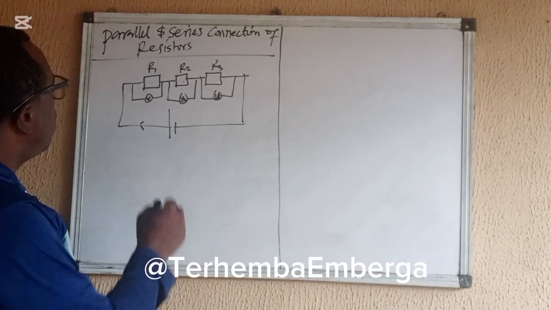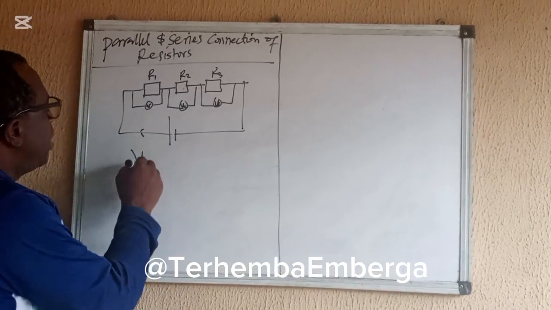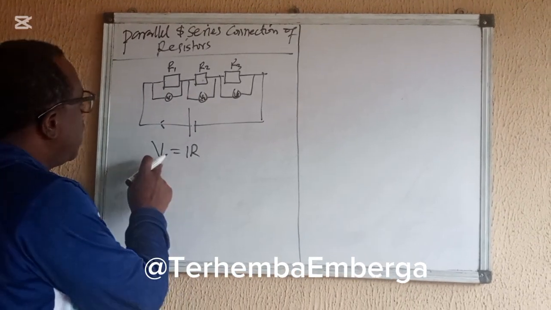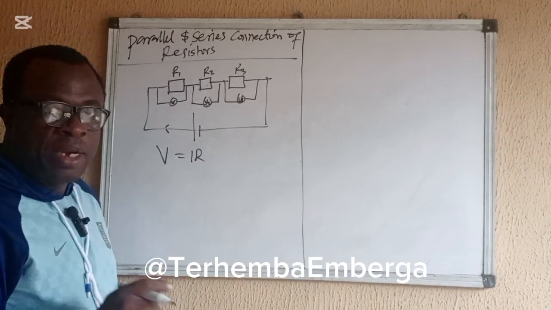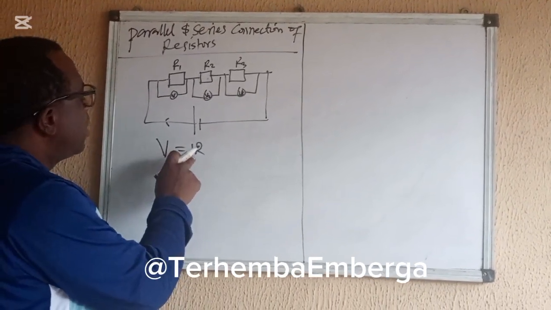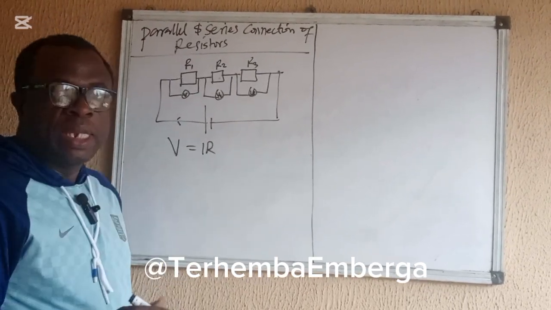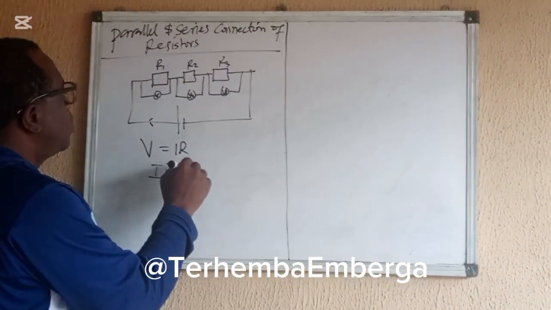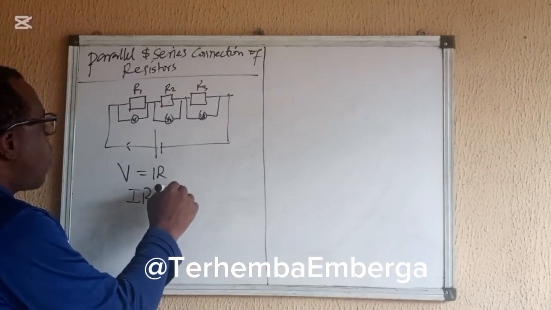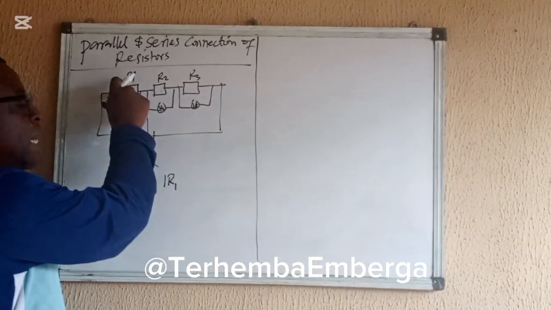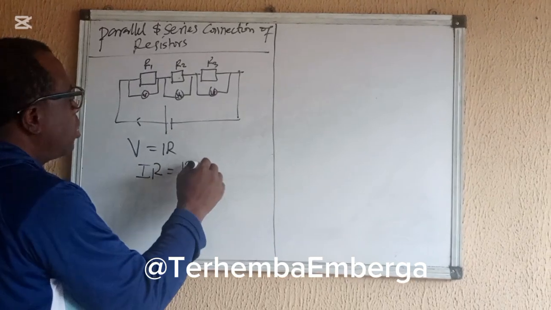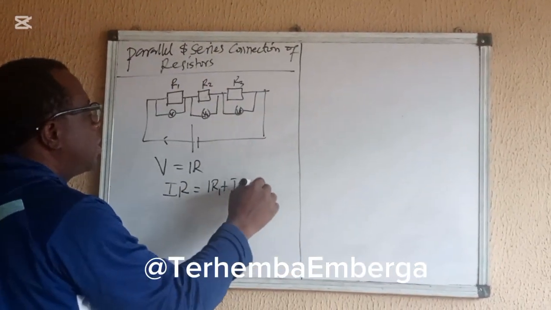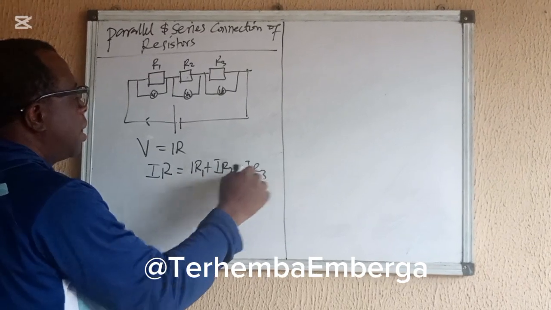So it means that from Ohm's law, we have that V is equal to IR. V, like I said, stands for the potential difference, I is the current and R is the resistance. So we can say that IR is equal to IR1, because the same current will pass through this, plus IR2, the same current, plus IR3.